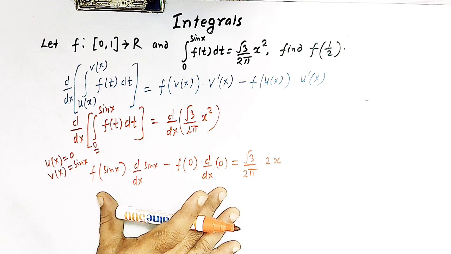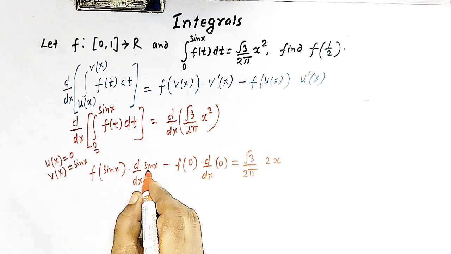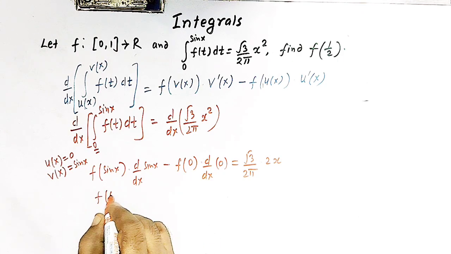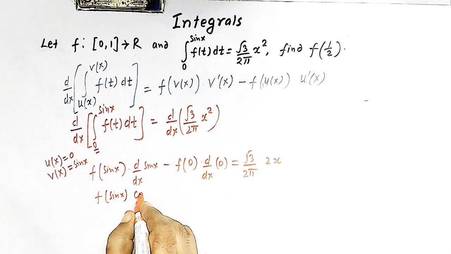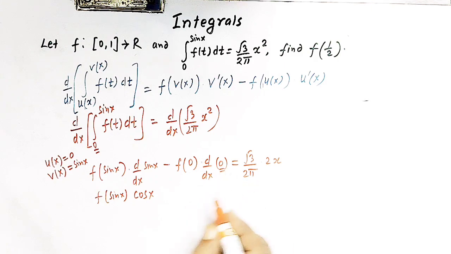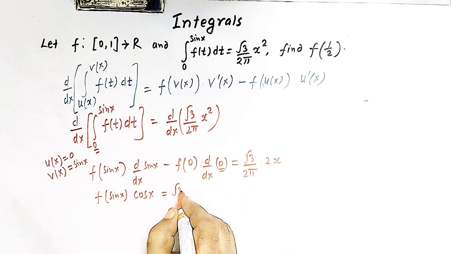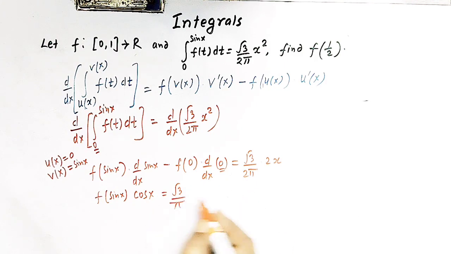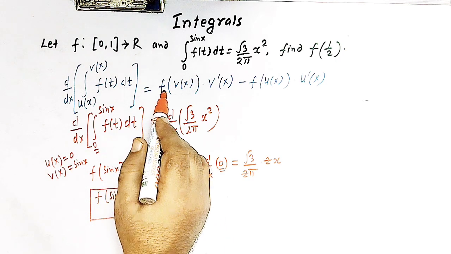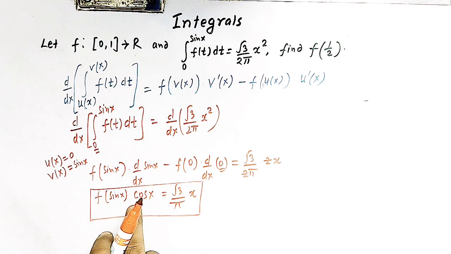Simplifying, the derivative of sin x is cos x, so we have f of sin x times cos x, and this other term is 0 because we have 0, and on the right we can write root 3 over pi times x, because the 2 and 2 get cancelled. So using the Leibniz integral rule, we have arrived at this equation.